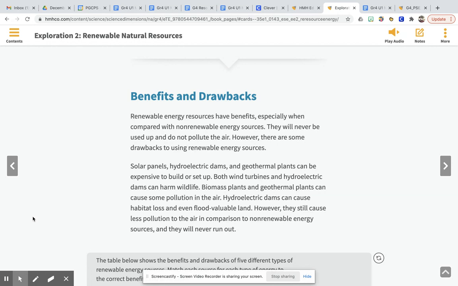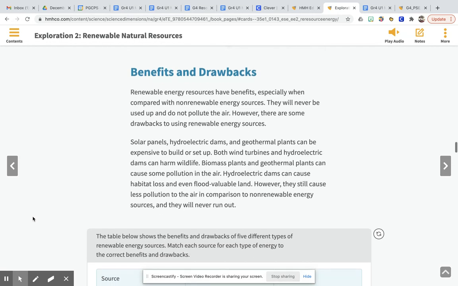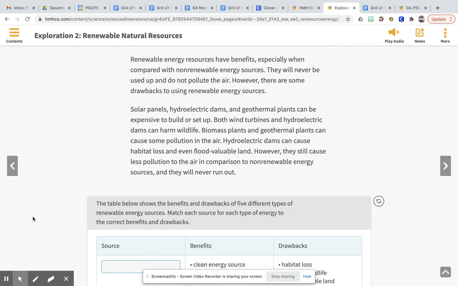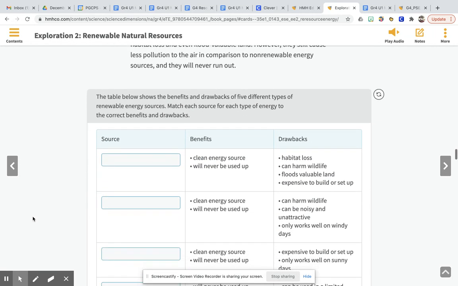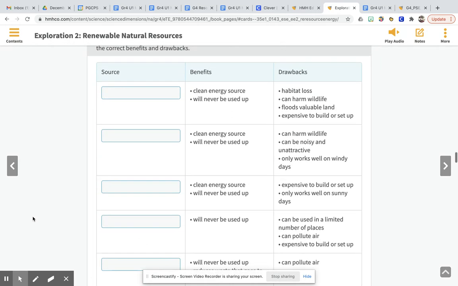Both wind turbines and hydroelectric dams can also be harmful to wildlife. Biomass plants and geothermal plants can cause some pollution in the air. Hydroelectric dams can cause habitat loss and even flood valued land. However, they still cause less pollution to the air in comparison to non renewable energy sources, and they will never run out.